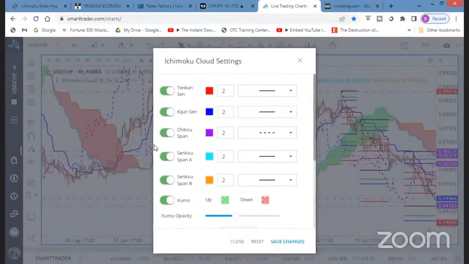Like I thickened the lines for the sake of the people being able to see it. You may not necessarily want that. Maybe on your charts, it may make it look too cluttered. So by default, your lines, like your Tenkan and your Kijun, are usually at a thickness of 1, but I bumped them up to 2, and then I just made these solid colors.